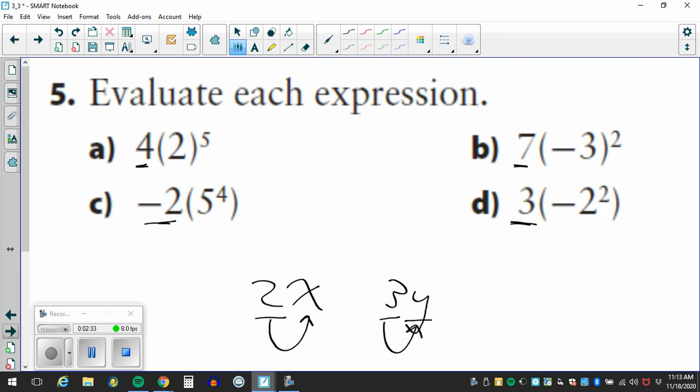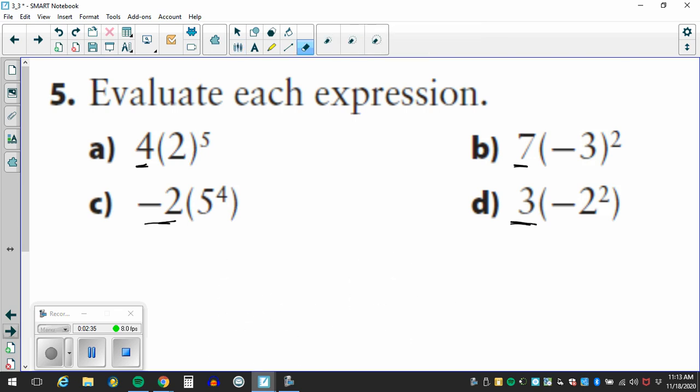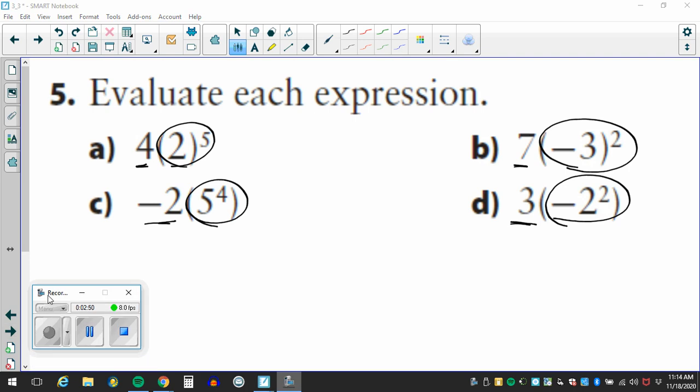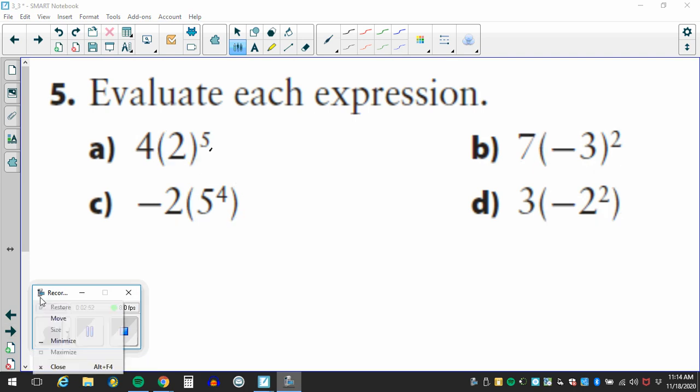Right? So in these particular expressions, the value of each of these powers is being multiplied by the coefficient outside the bracket. So you first have to simplify the power, and once you do that, you can then multiply it by the coefficient.